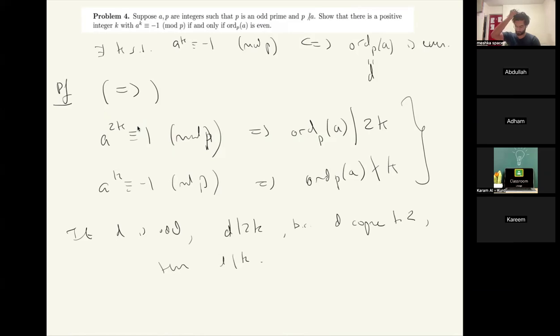If we have this and d was odd, it would have no common factors with 2, so it would imply that d divides k, and we would get a contradiction. Therefore, d is even. Okay, the argument makes sense. Where did we use the fact that p is a prime?